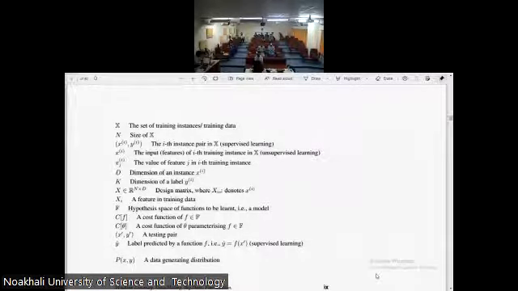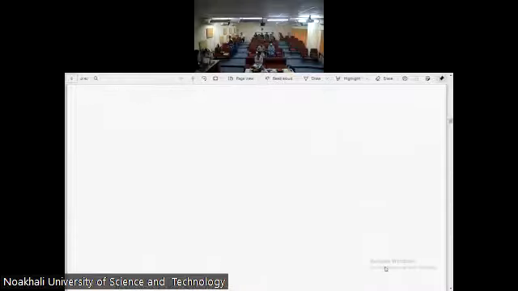For example, C represents the cost function, and F represents functions. So these are the mathematical symbols that we normally use in machine learning.